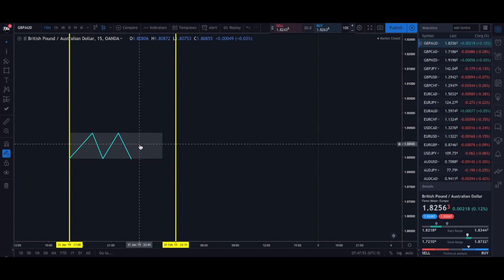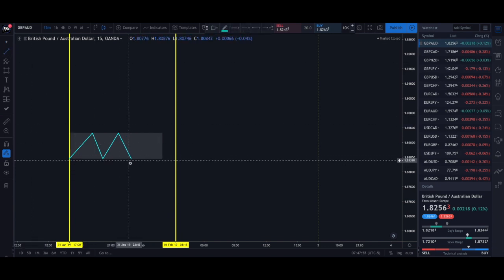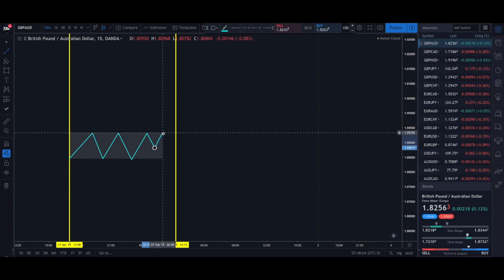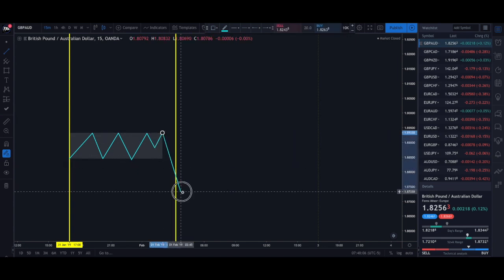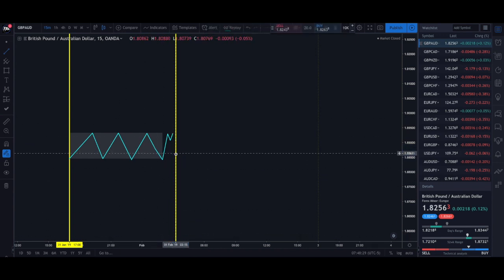You could have a situation during the Asian session where something like this happens and price drops, or it could be something like this, and it could be the opposite way as well.